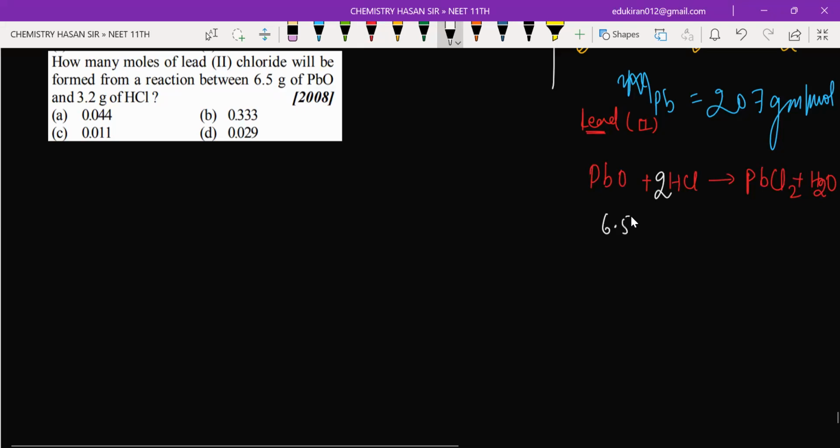6.5 gram of lead oxide reacts with 3.2 gram of HCl. Again, you have to calculate the number of moles. Number of moles is equal to given mass upon molar mass. The molar mass of lead oxide is 207 of lead plus 16 of oxygen, which comes out to be 223.